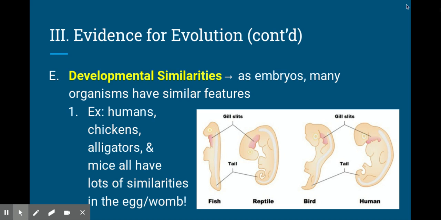Our book shows a chicken and a cat having very, very similar structures in the egg and then in the womb. But you can just see, going farther back as far as development, we have a lot of similarities from organisms that look very, very different once they're born and once they're grown.